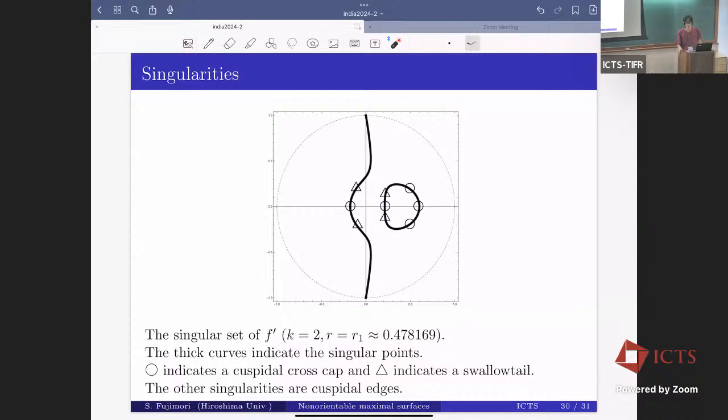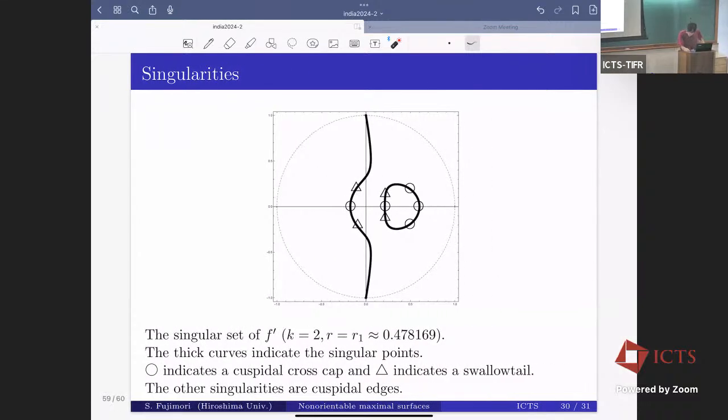The other singularity is cuspidal edge. If k increases, the total number of swallowtails is 4 times (k plus 1), and the number of cuspidal cross caps is 5 times (k plus 1). But this is a numerical result.